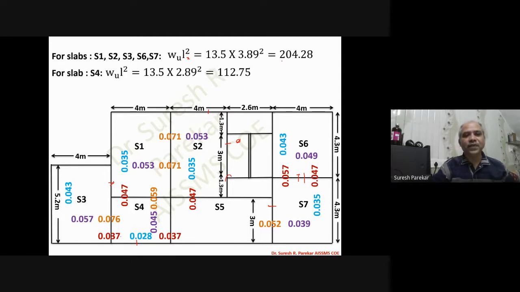And for slab S4, we have wLx square, and here the span is 2.89, so only for S4 we have to multiply by 112.75. The unit is kilonewton meter for both.